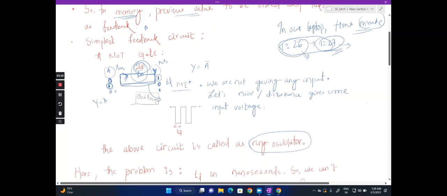So we are plotting the graph. It is 0, it is 1, and the width will be TD, the time delay. The important point here is that we are not giving any input to the circuit. Just a disturbance comes in the circuit, and it plays the important role. It is the creator of the oscillation.